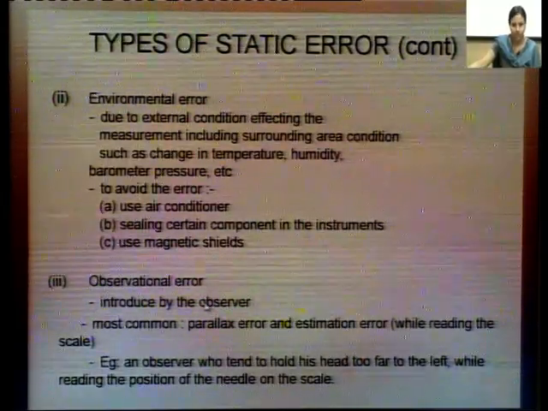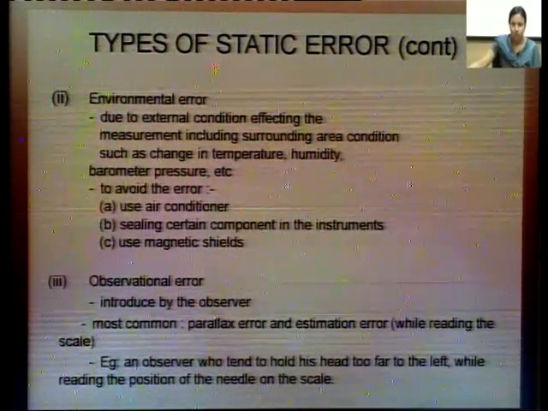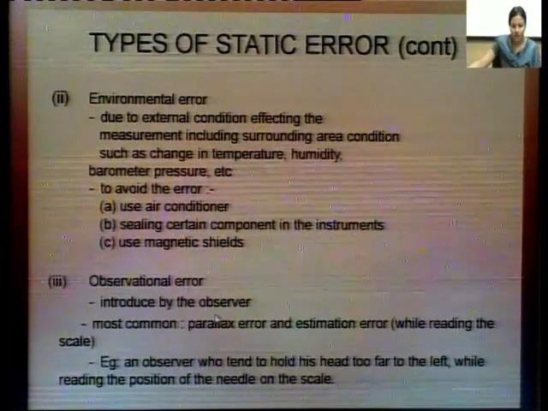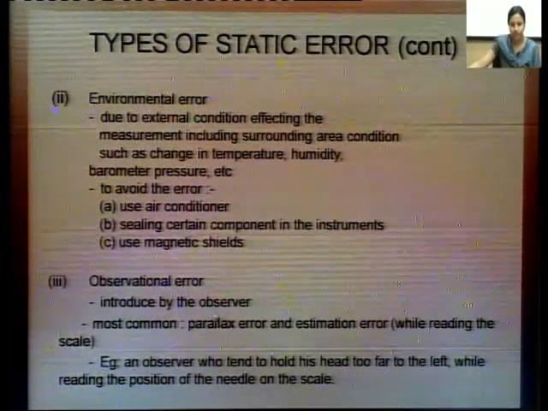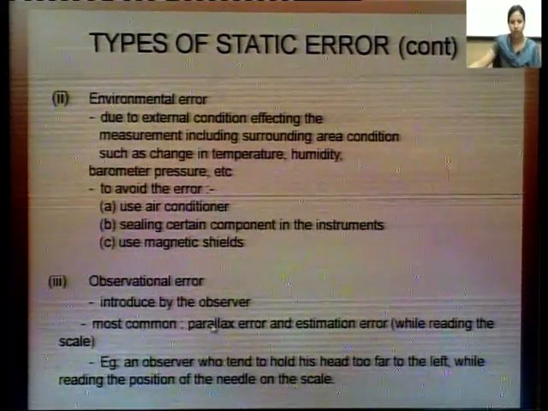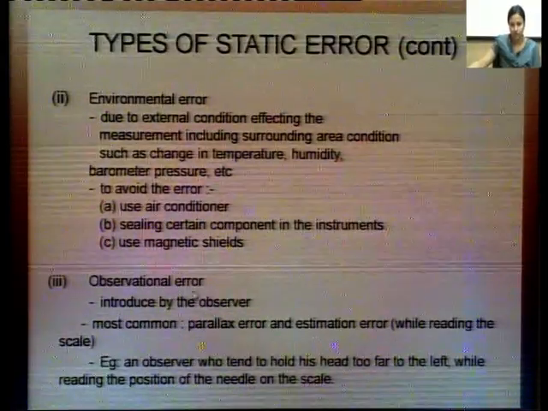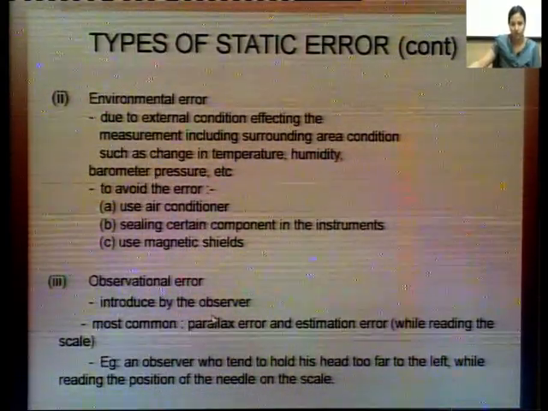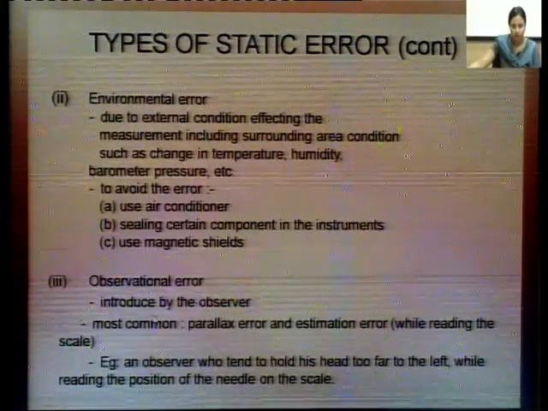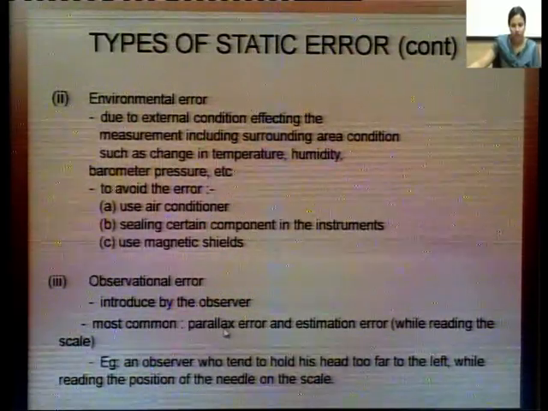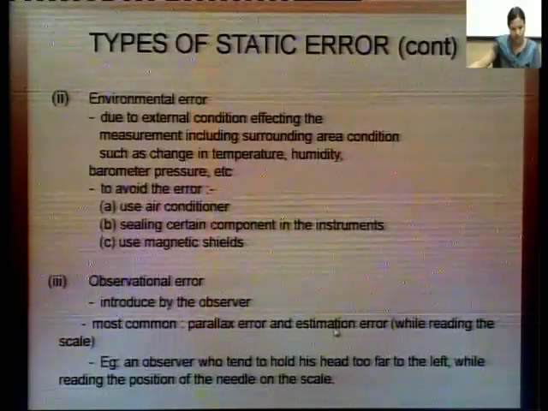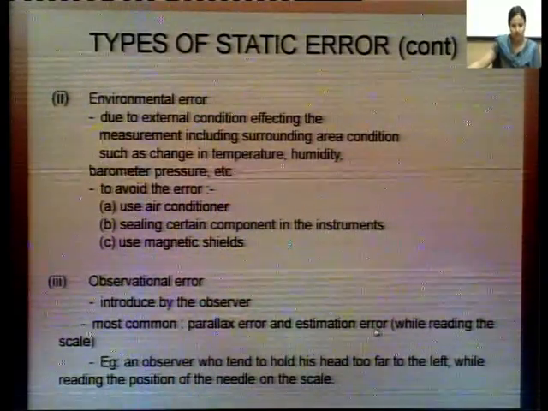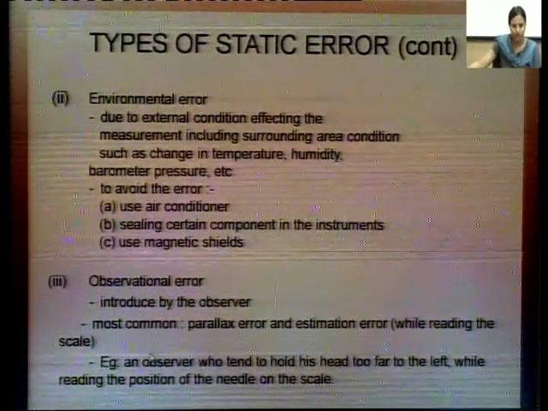Third type is observational error. It is due to the observer. Observer means you are taking the readings. So it is purely due to the observer who is taking the reading. The most common, which we have already studied, is parallax error and estimation error while reading the scale.